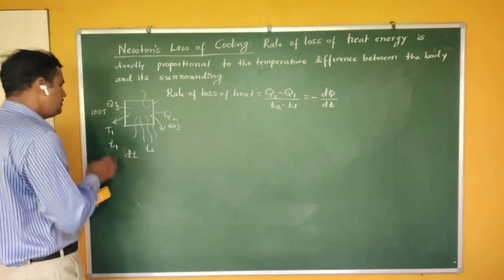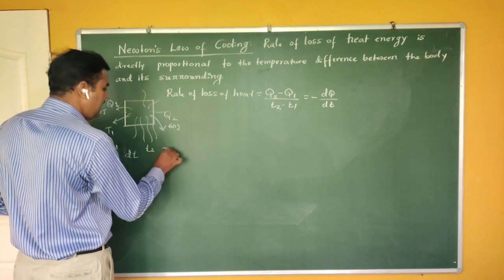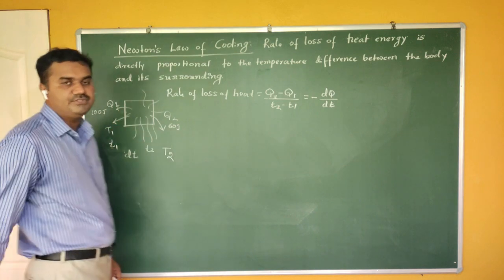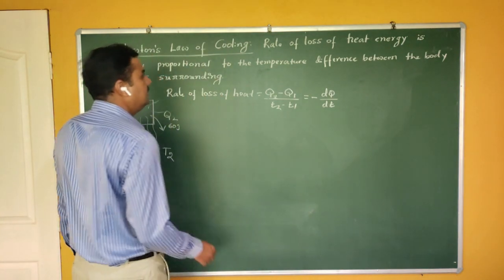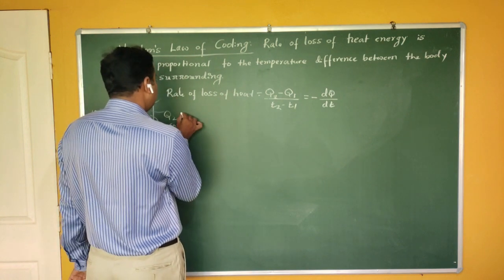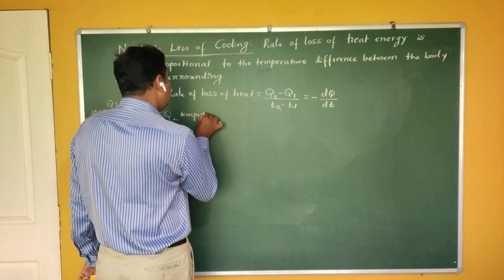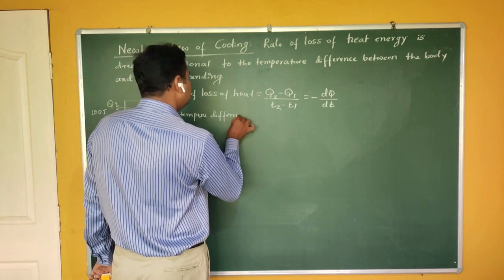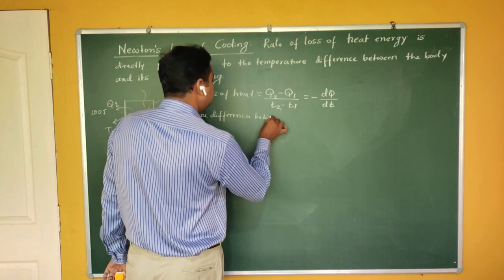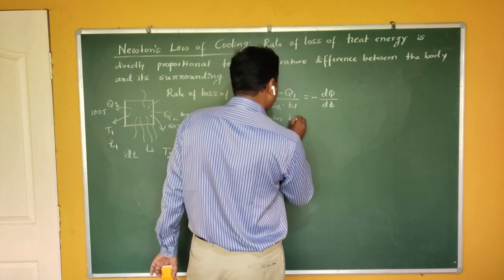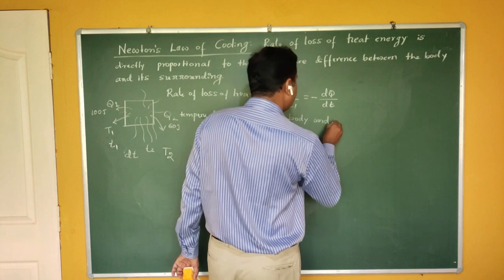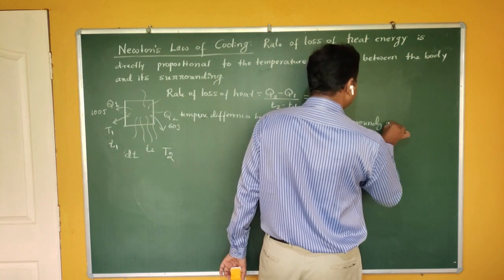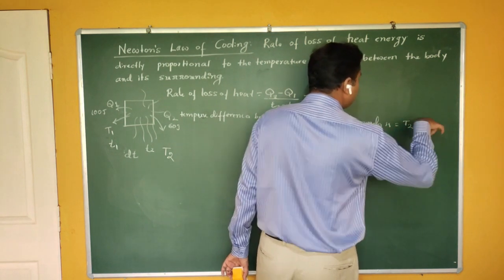If I take T1 as the initial temperature of the body and T2 as the temperature of the surrounding, then the temperature difference between the body and the surrounding is T2 minus T1.